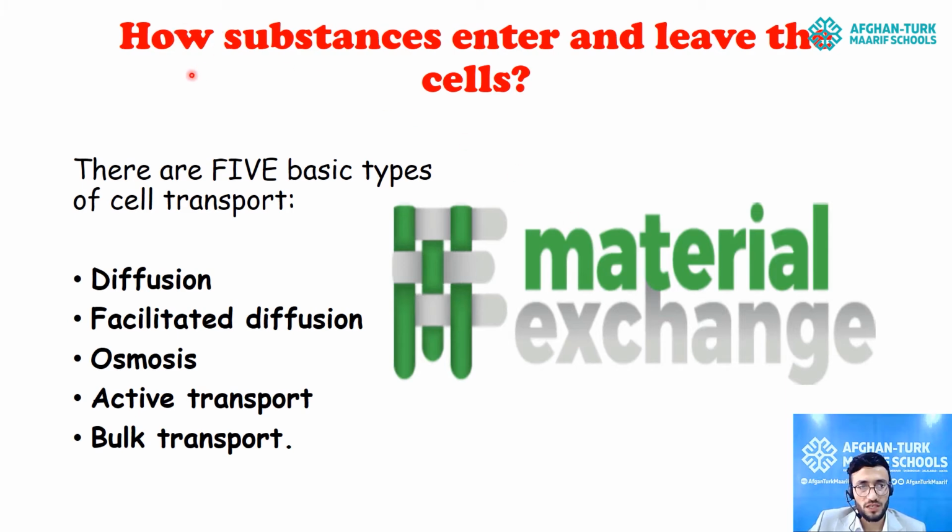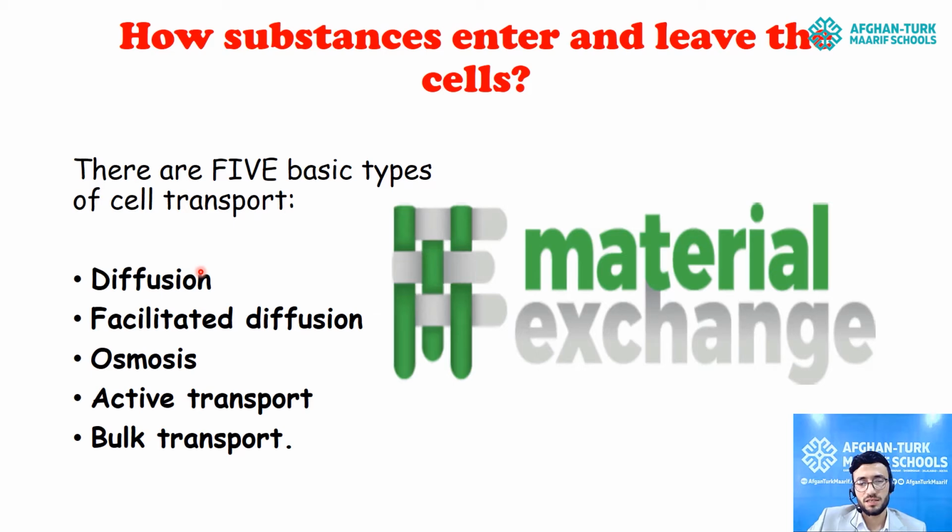So now we come to the objectives of today's video, which is how substances enter and leave the cell. Mainly, in material exchange between cells, we can define different types of functions into 5 basic types of cell transport.